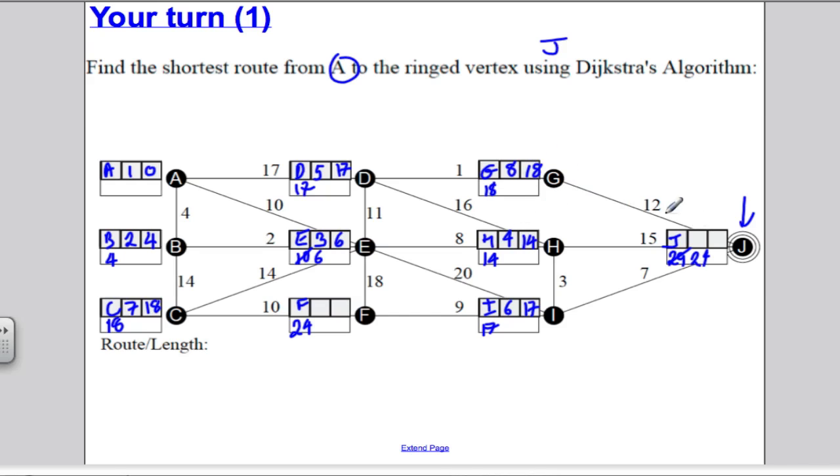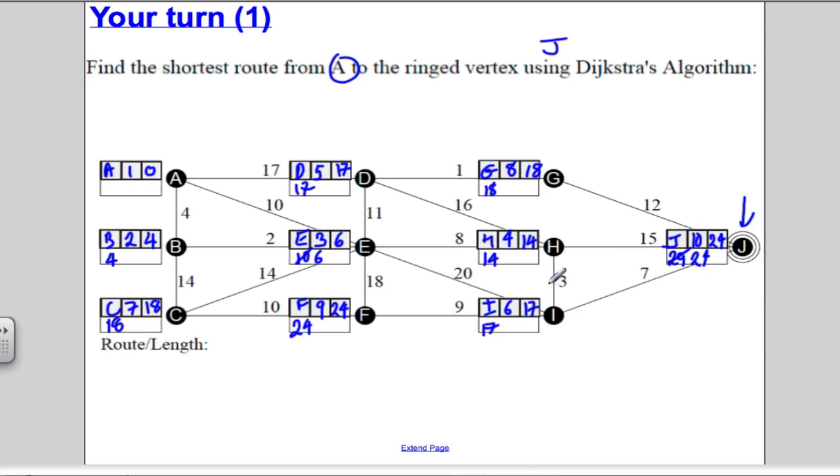Well, I can only get along here, which is another 12, would be 30. It's not better than 24, so I can't write anything in. And the best out of these two, well, why don't I just do this one? It doesn't matter. That one's 24, so that would be the ninth one of 24. And I can't get anywhere here that's any better, and this would be the 10th one of weight 24.